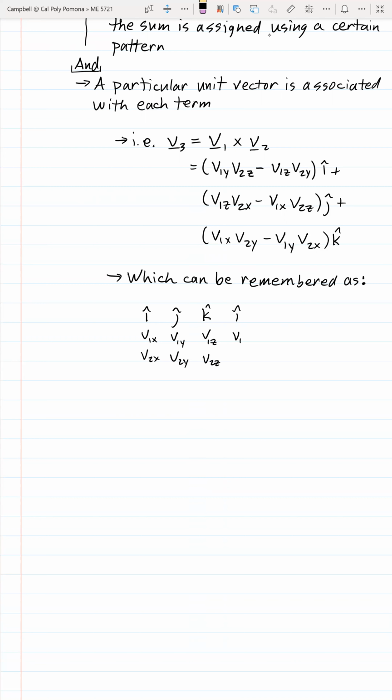i hat V1x, V2x, j hat V1y, and V2y. And then you capture, so if we distributed out the unit vectors in the expression above, if you go ahead and just draw diagonals across, here I'm doing it in red, of course.